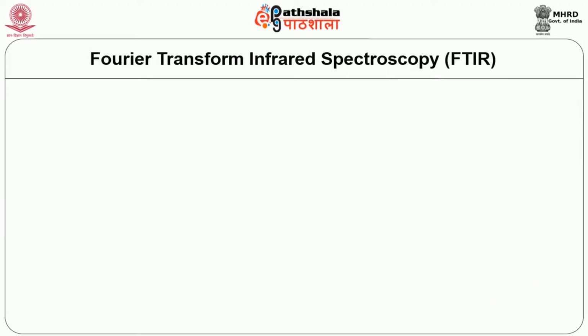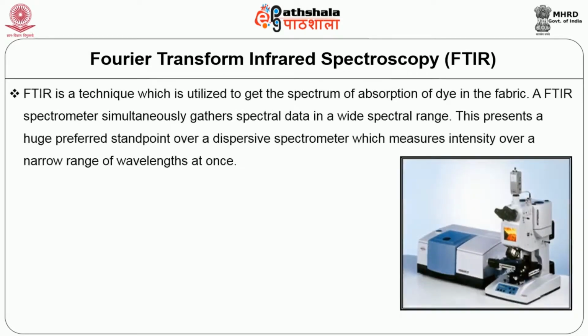Fourier transform infrared spectroscopy, shortly called FTIR. It is a technique utilized to get the absorption spectrum of dyes in the fabric. An FTIR spectrophotometer simultaneously gathers spectral data in a wide spectral range. This presents a huge advantage over a dispersive spectrometer, which measures intensity over a narrow range of wavelengths at once.